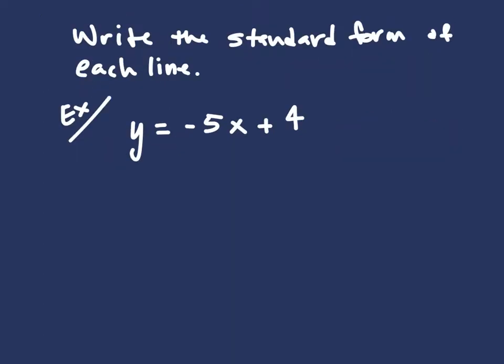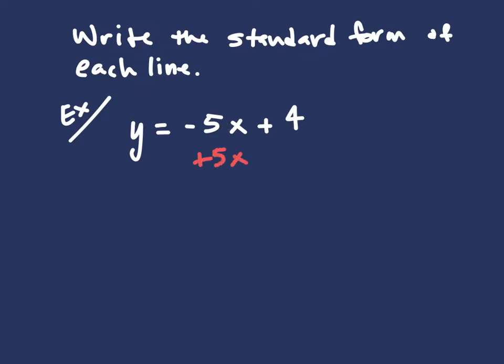In this example, all we want to do is write the standard form of each line. We've got this equation, y equals negative 5x plus 4. What we want to do is put x and y on the same side of our equal sign. We've already got a positive y here. I'm going to add 5x to both sides.